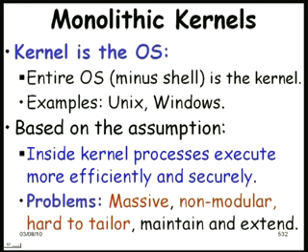But the main problem with the monolithic kernel, why this is going out of scope or getting outdated, we will see: all later operating system kernels are based on microkernels. Yes, please. OS has many other functionalities like process management, file management, all those things. Yes.